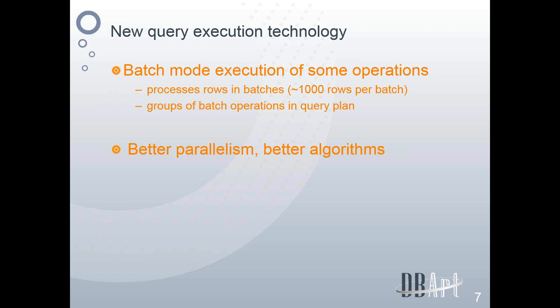If we double the number of cores, the performance of queries that use Columnstore indexes will improve by twice, or maybe a little bit less. Nearly linear scalability.